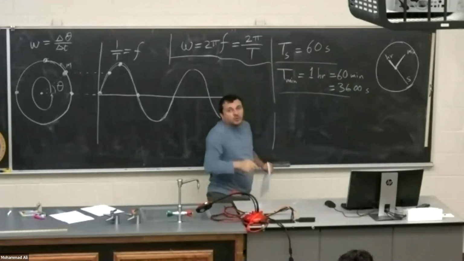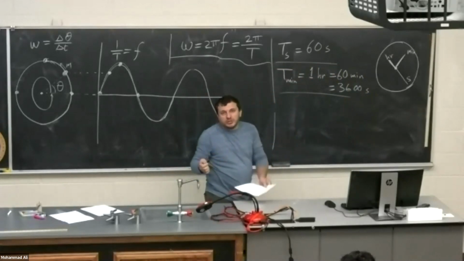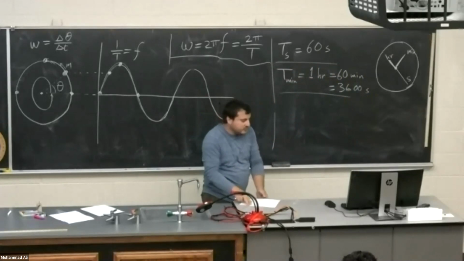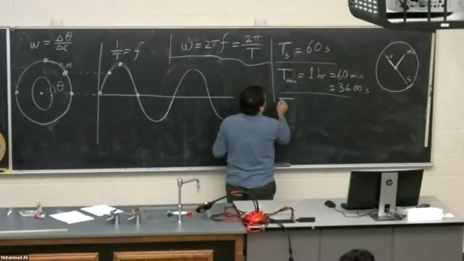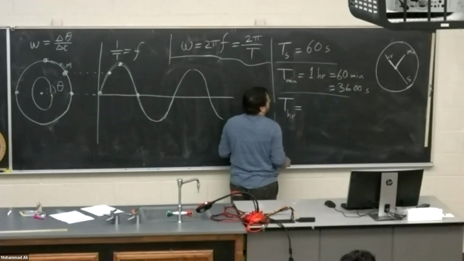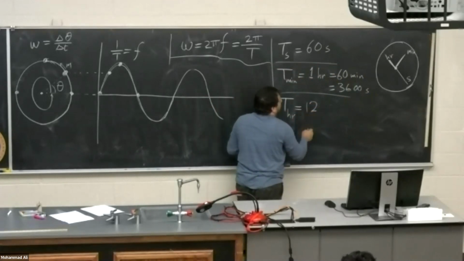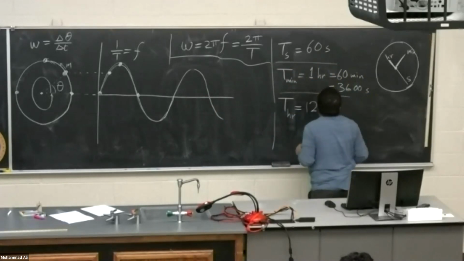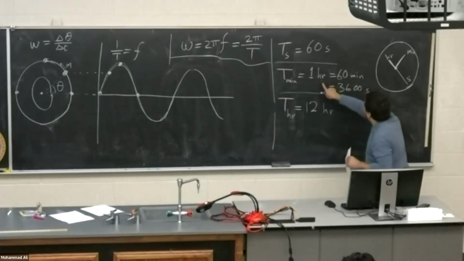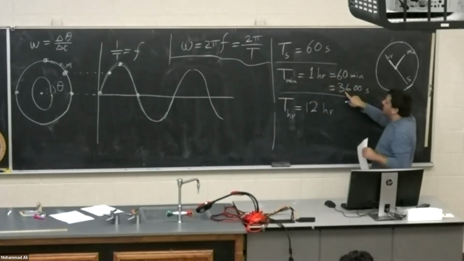We need more time to complete one vibrational motion or one period. Okay, the time period for the hour hand is equal to 12 hours. But 1 hour is equal to 3,600 seconds.